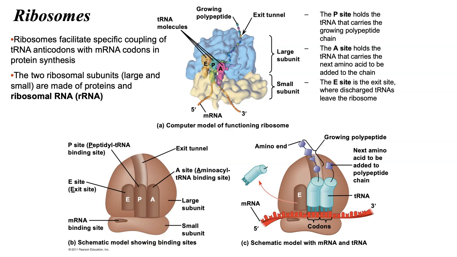Within this larger subunit on top, you'll notice that there are 3 different binding sites that are important to note and understand. So we have E, P, A. E stands for exit, P stands for peptidyl tRNA, and A stands for aminoacyl tRNA. So those are big words, but you'll see what they are in a second. It's not so bad.